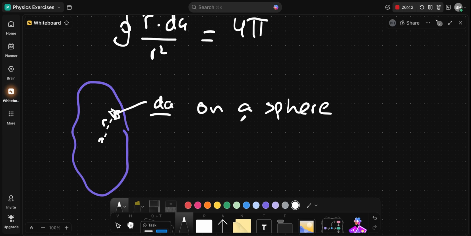The point is that if they're tiny enough, we can build up an arbitrary surface using tiny elements like this, but in such a way that they are on a sphere. This element is on a sphere of some radius r. This other element here is also on a sphere, but it has a different radius.